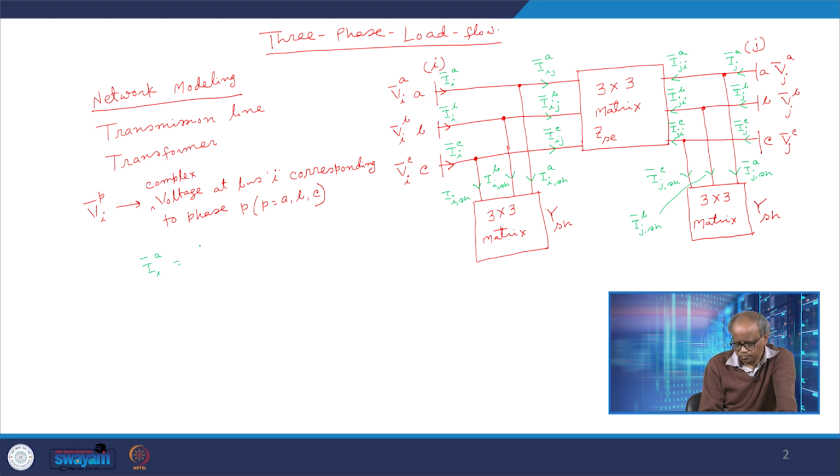So obviously I can write that IIA is equal to II shunt A plus IIJA, just by applying KCL.